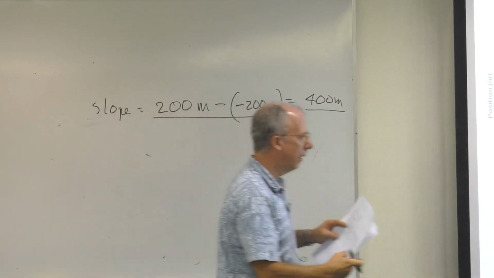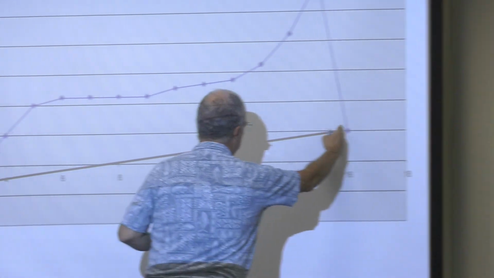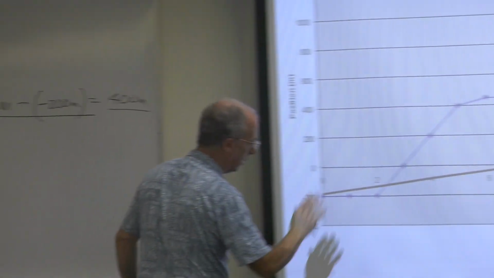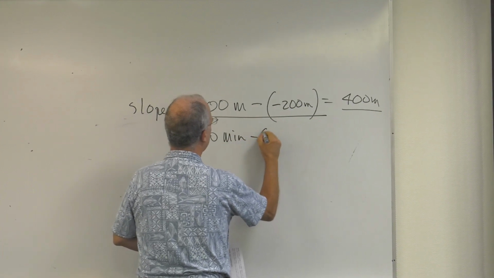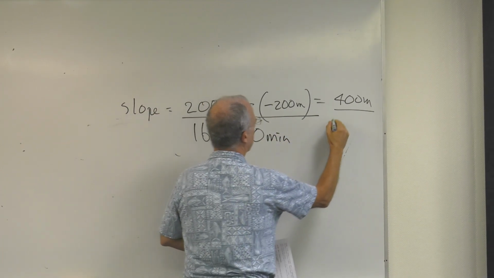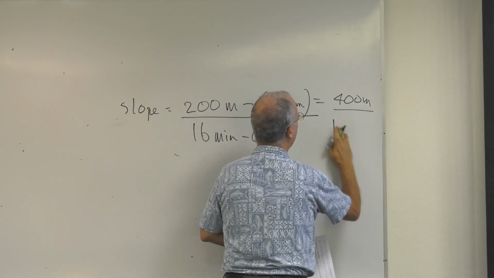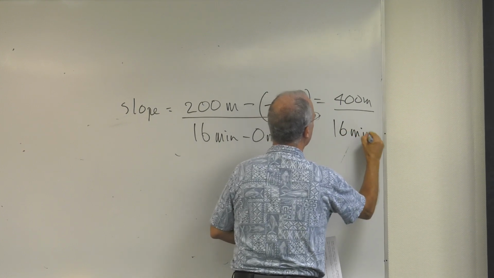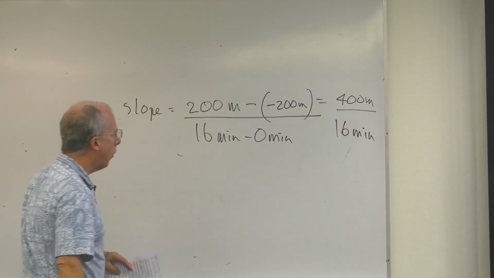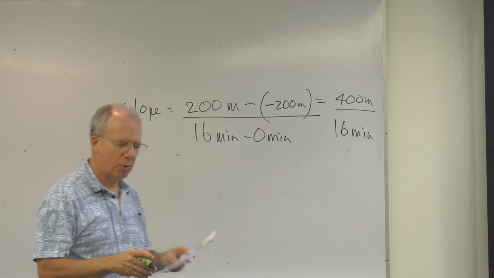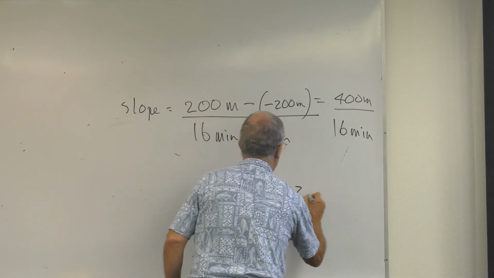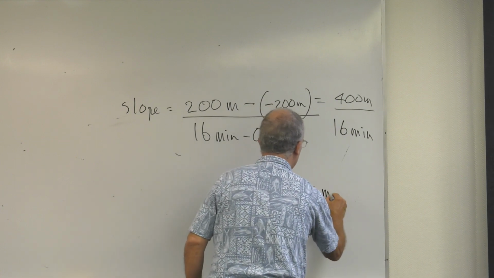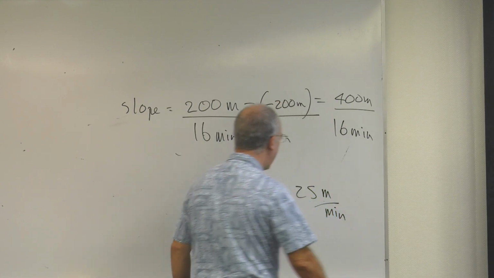Then the time is 16 minutes minus 0 minutes, so that's 16 minutes. So 400 over 16 is 25. That's 25 meters per minute.